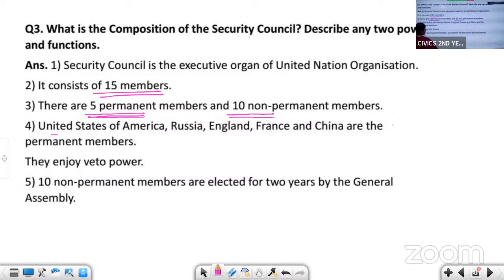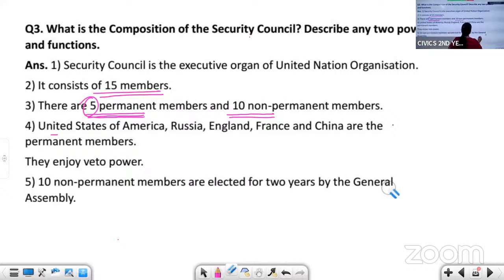Now, coming to the non-permanent members. Out of 15, 5 are permanent and 10 are non-permanent. Every 2 years, the General Assembly elects the non-permanent members. So every country enjoys the membership of the Security Council for 2 years.